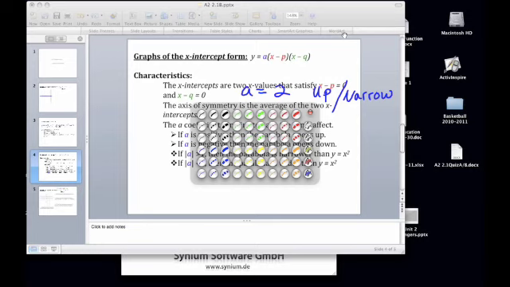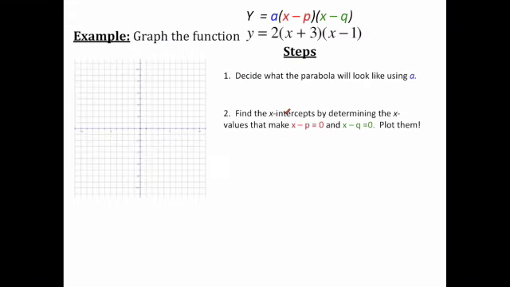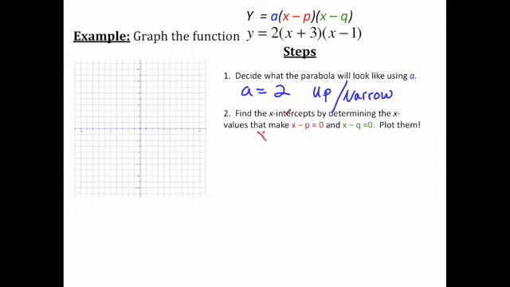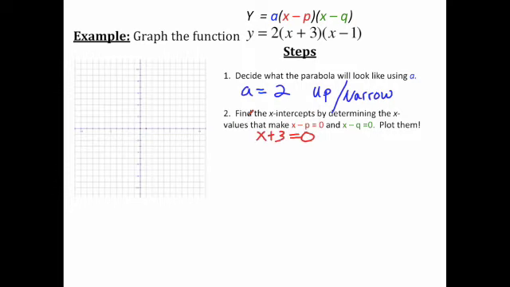Okay? So let's say x minus p is the same as x plus 3, and we want to know what makes that 0, and x minus q is the same as x minus 1, and we want to know what makes that 0. So the first value, hopefully it's clear that it's negative 3 that would make that equation true.